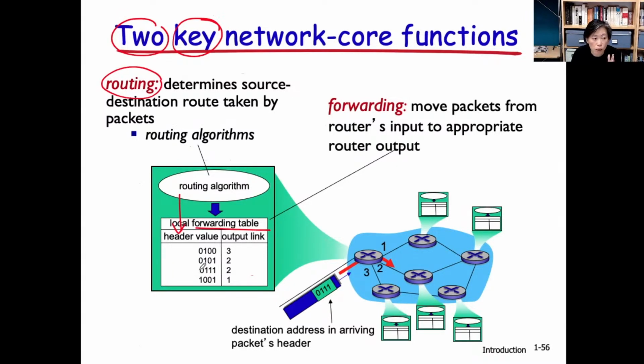The way we look up this table is by matching the destination address of the packet. So if a packet comes into a router, the router takes the destination address in the packet and looks up this table.